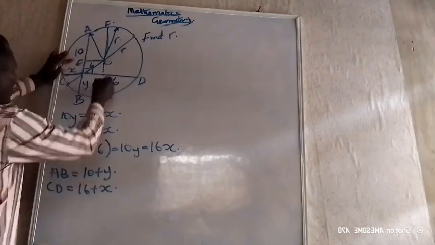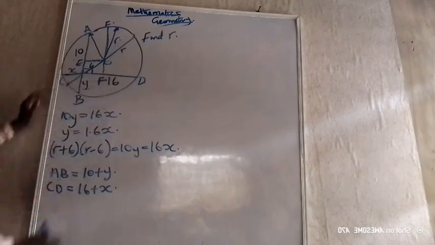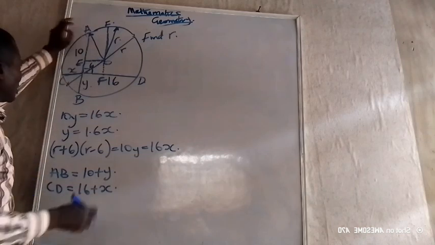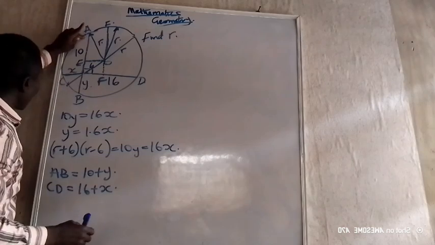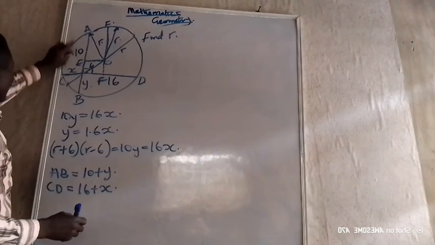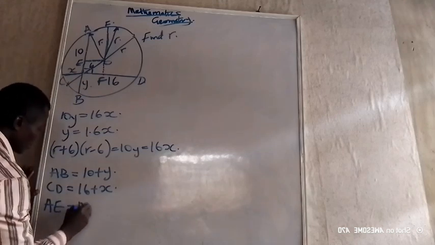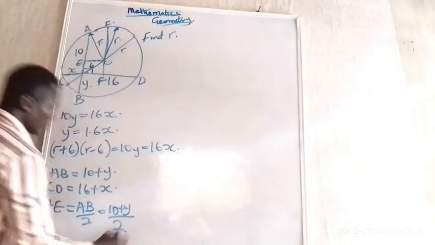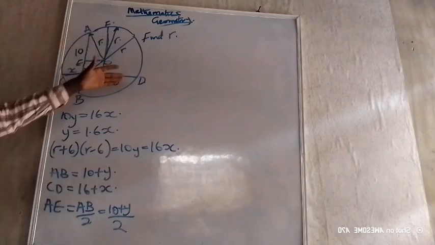So I made this one E, I made this one F. Now, I want to find the length of OA, which is R. You know that the distance between A and E will be equal to AB divided by 2, which is 10 plus y over 2. The distance between C and F is going to be CD divided by 2.